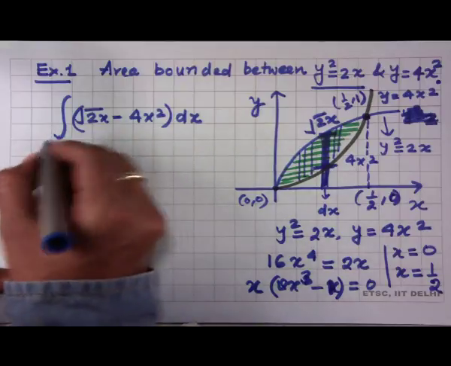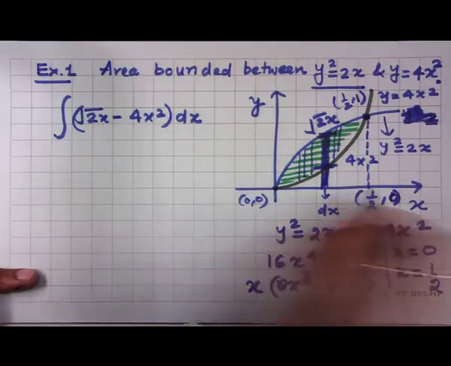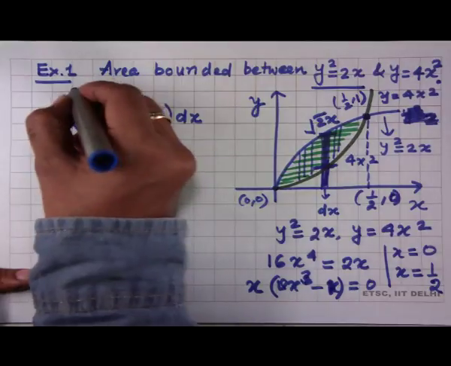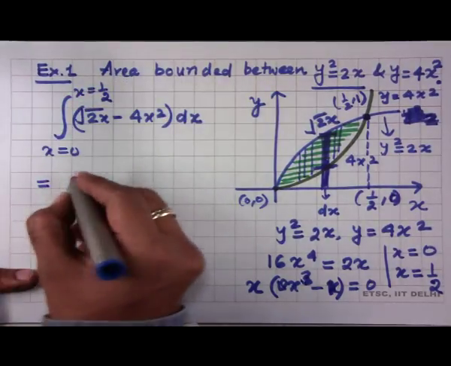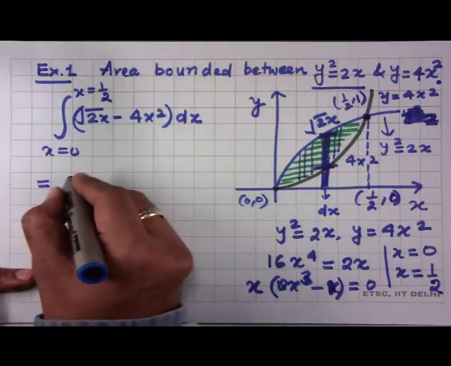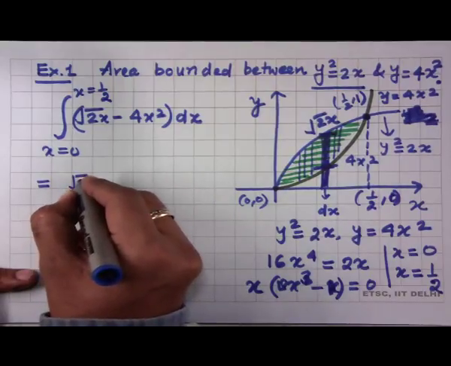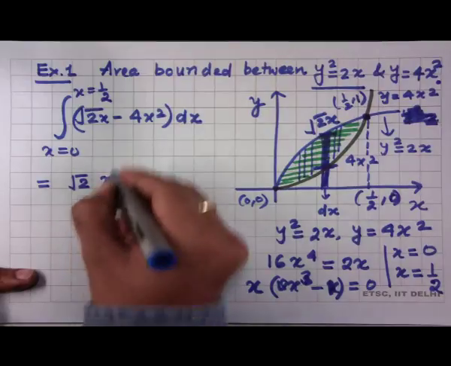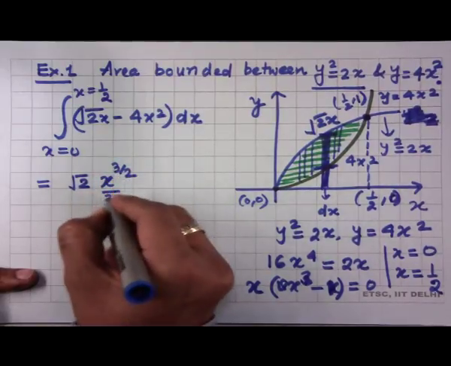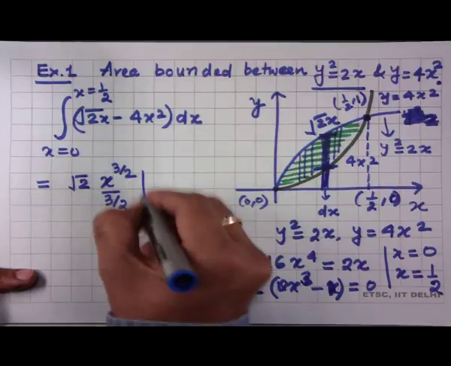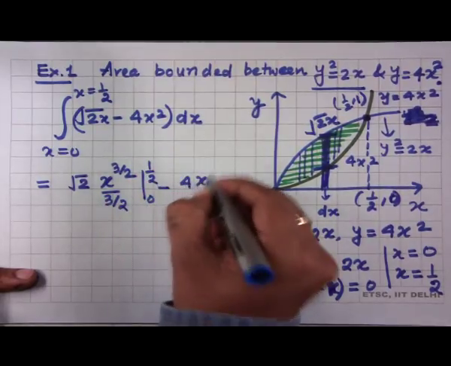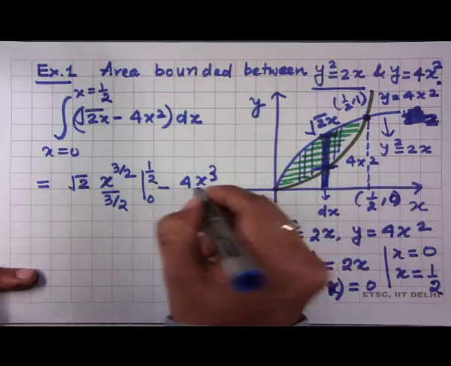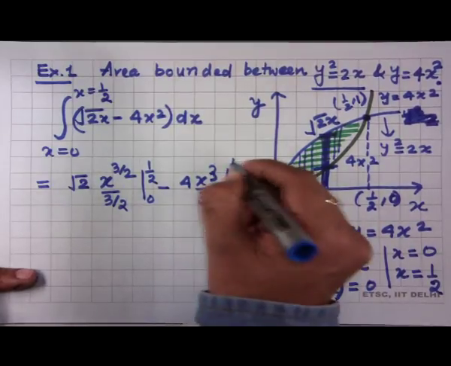So, the limits of integration will be from minimum to maximum, that is x equals to 0 to x equals to half. Now, let us integrate it. So, you get root 2 into 2x to the power 3 by 2 by 3, 0 to half, minus 4x cube by 3, 0 to half.